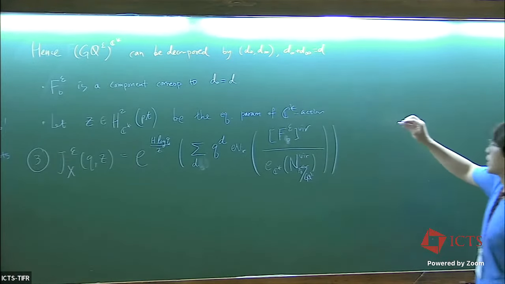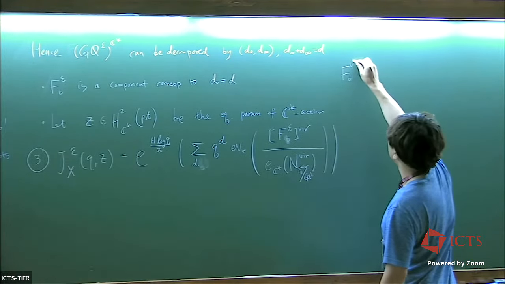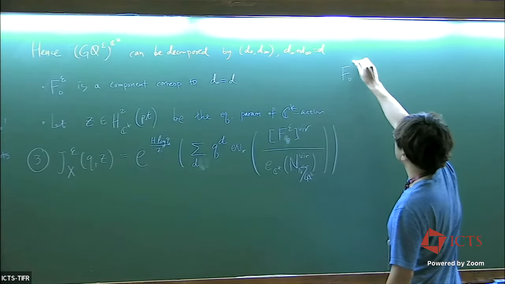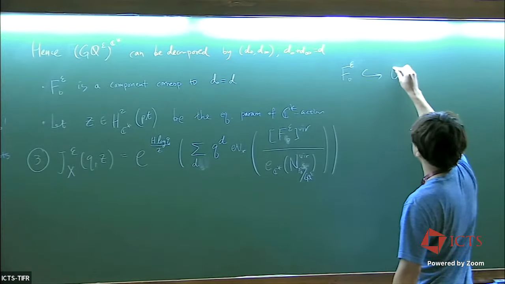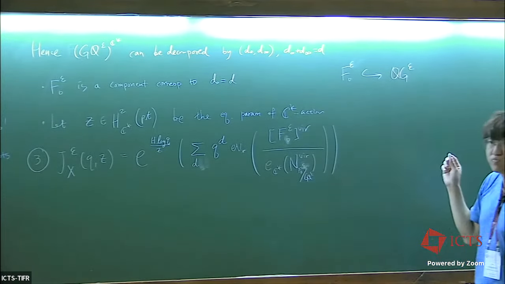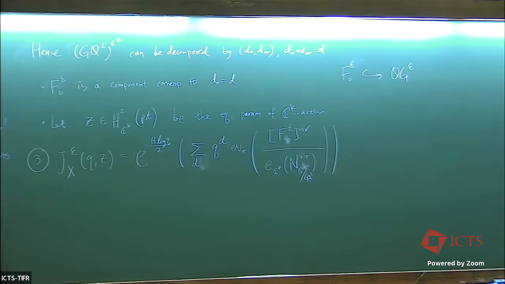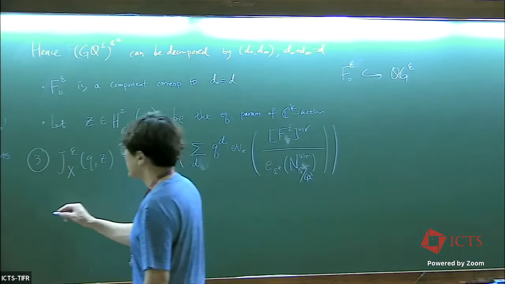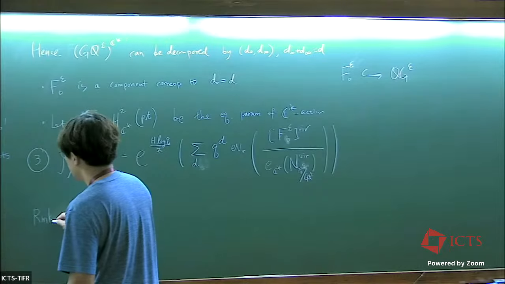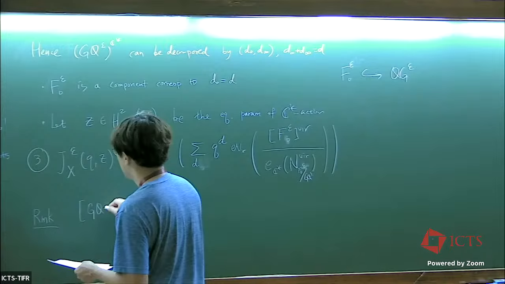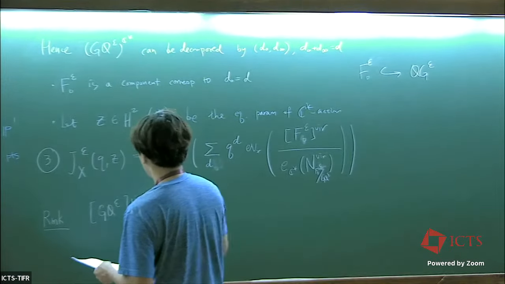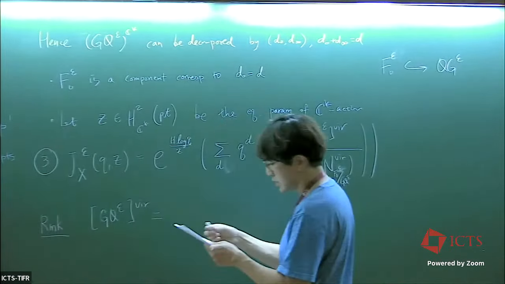Because now we have this fixed locus inside the QG epsilon. One remark is that this is only some part of the localization formula.